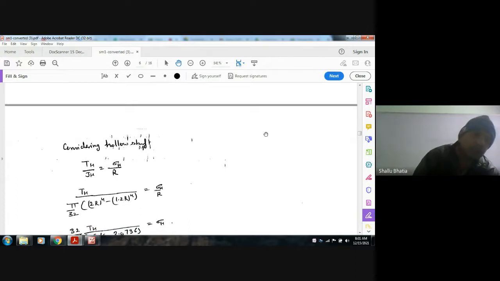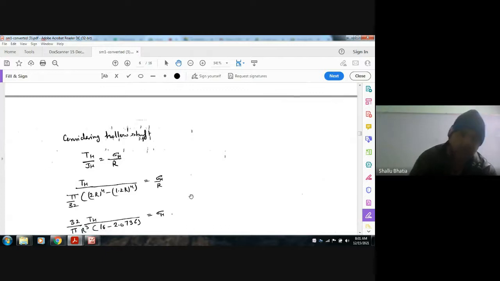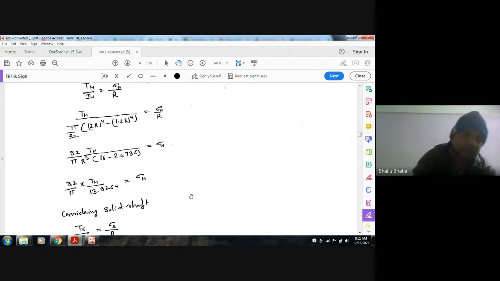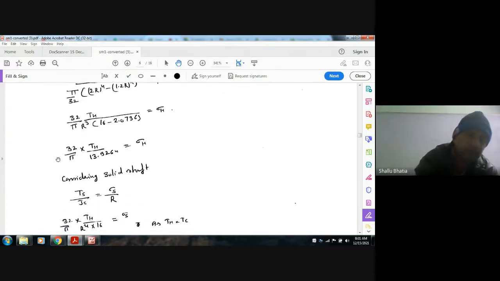Now take initially the hollow shaft and use the torsion equation. So T_H by J_H is equal to tau_H by R. J_H will be pi by 32 into outer D to the 4 minus inner D to the 4. So the stress will be this expression.